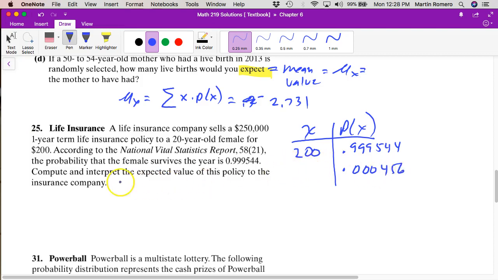The insurance company will have to pay that out, but they also get your $200. So technically all they're losing is $249,800.